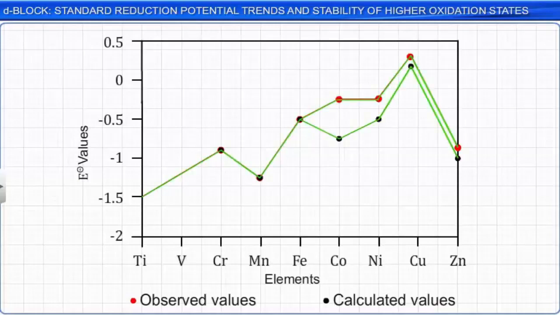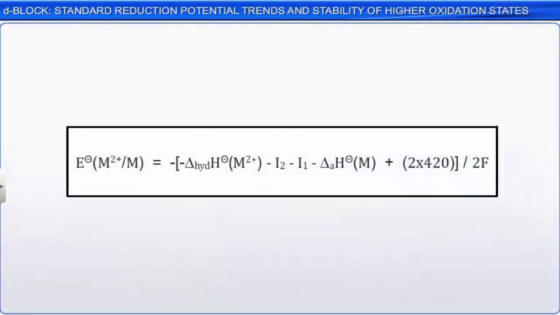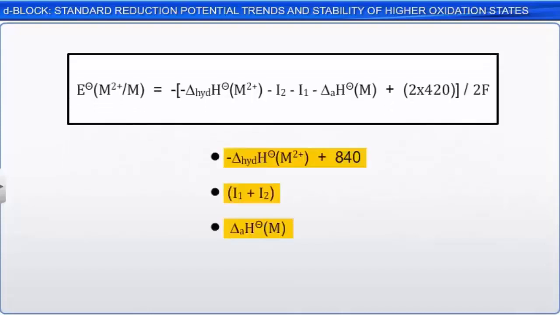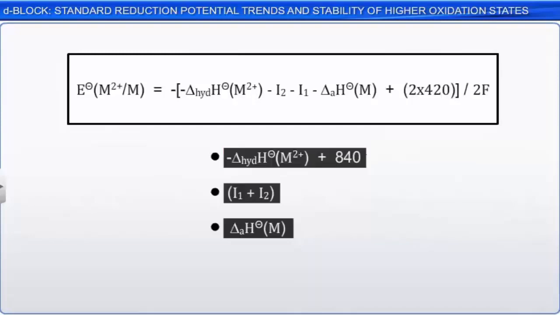The M2+ to M reduction potentials have enthalpic contributions from the terms in the equation shown here. The equation indicates that the magnitude of the reduction potential is governed by the values of three relatively large terms: the negative enthalpy of hydration of M2+ plus 840, the sum of the first and the second ionization enthalpies, and the smaller term enthalpy of atomization.